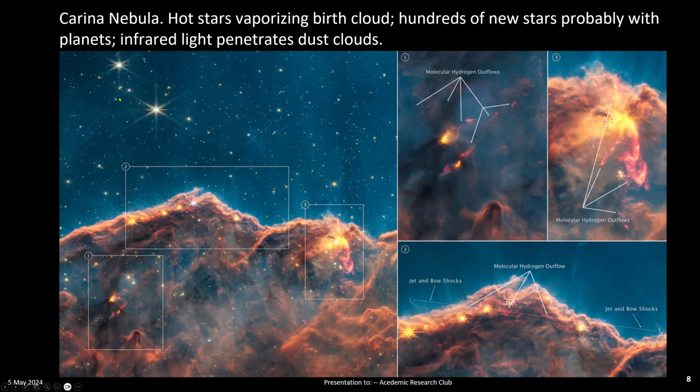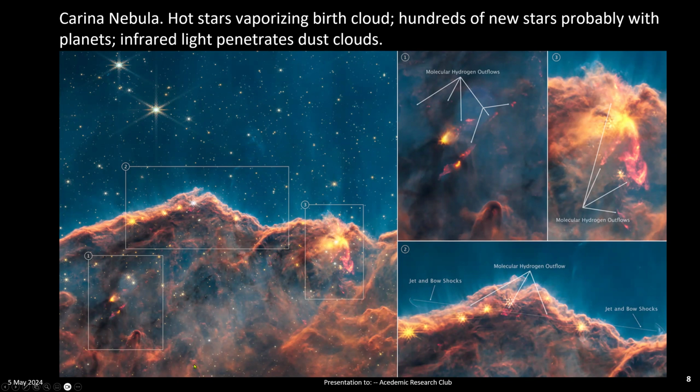And here, young stars have been born, and their ultraviolet light is impinging on this cloud. You can see hydrogen streaming off into space. There's star formation occurring embedded in the cloud that we can in part see.